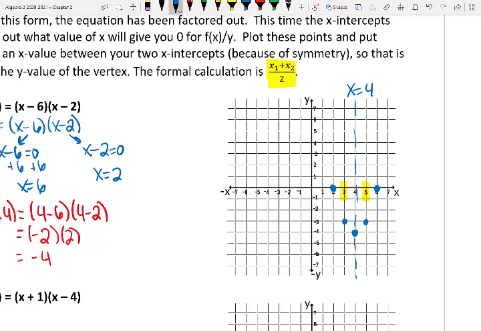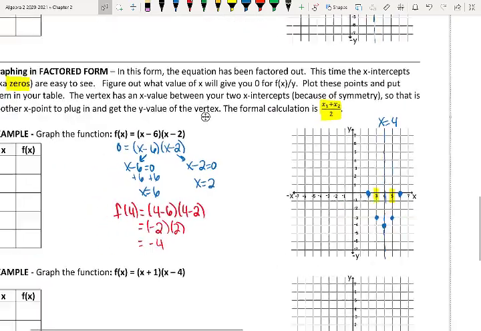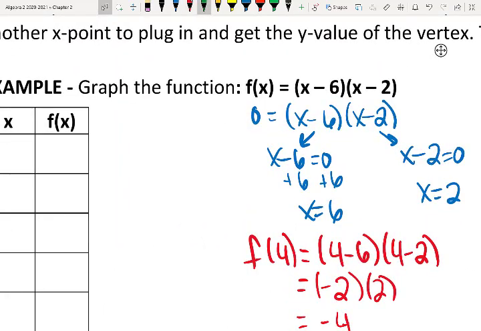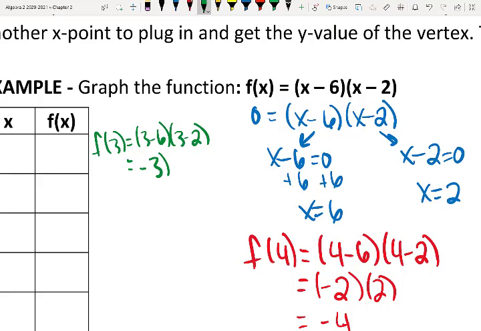If you plug in 3 or 5 into your equation, let's just do that over here in green. So f of 3 equals 3 minus 6 times 3 minus 2. That gives me negative 3 times 1, which is negative 3.